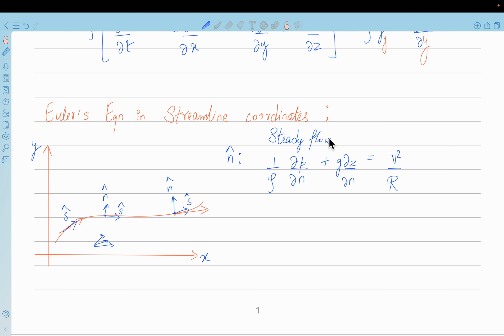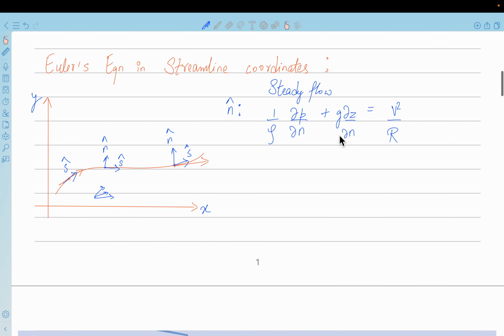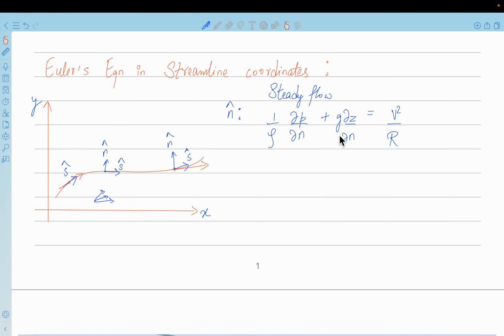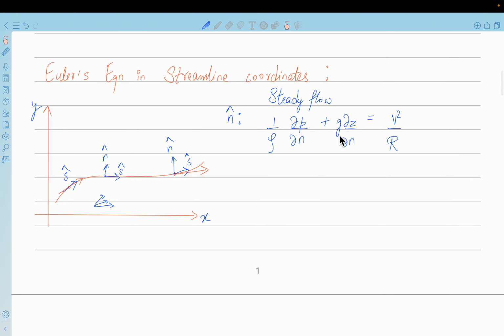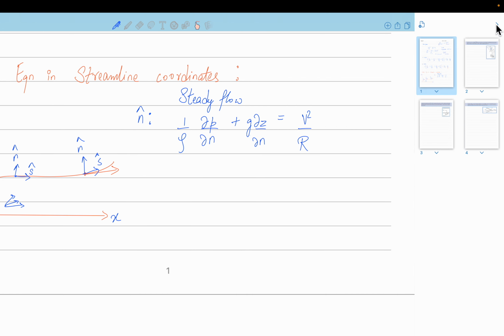Steady flow, what is a steady flow? At fixed time or fixed with time.